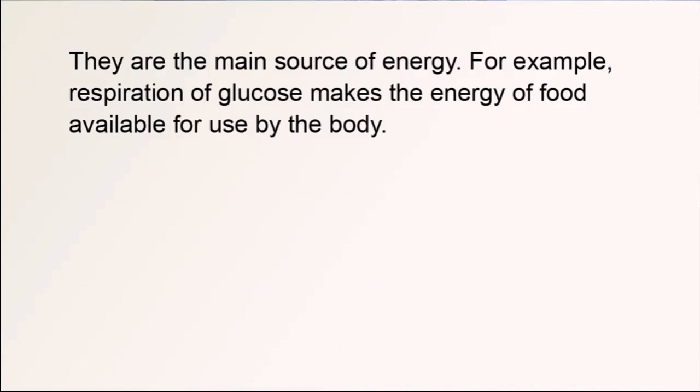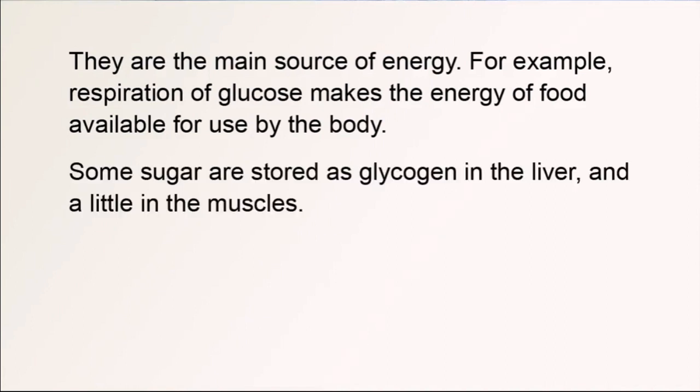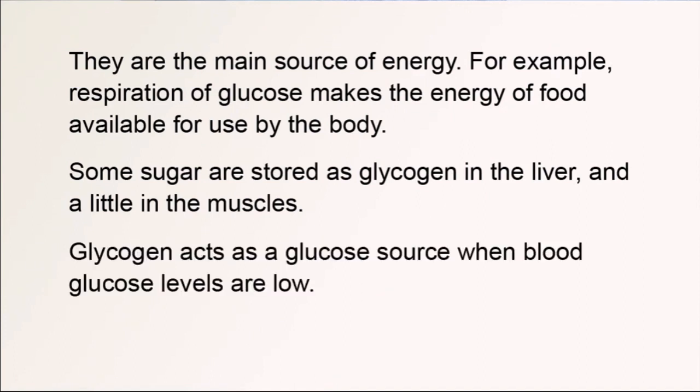Now, they are the main source of energy. For example, respiration of glucose makes the energy of food available for use by the body. Some sugars are stored as glycogen in the liver and a little in the muscles. Glycogen acts as a glucose source when blood glucose levels are low.